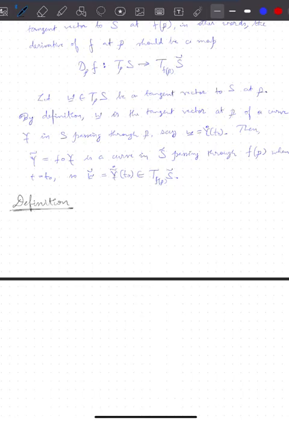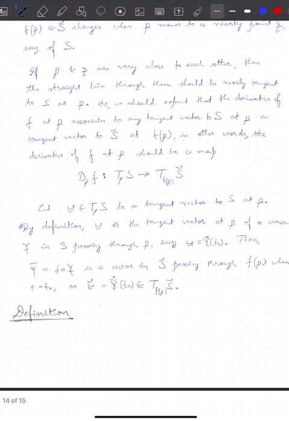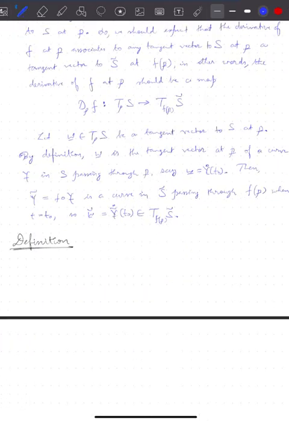Before that, let me give a geometric interpretation of what we are doing here. Say this is our surface S, maybe a surface patch, and let this be our surface S tilde. Let this be point P vector, and there is a smooth map between these two surfaces.